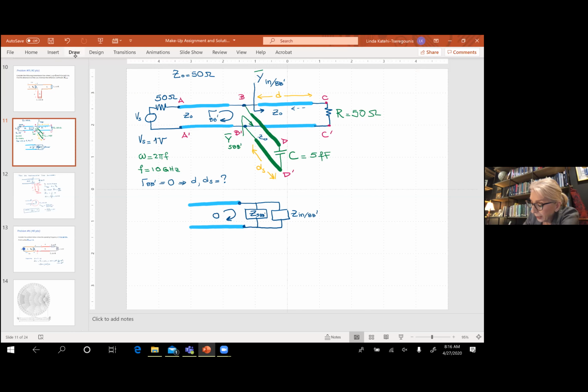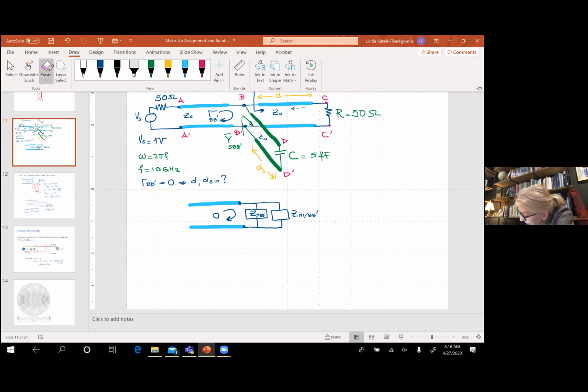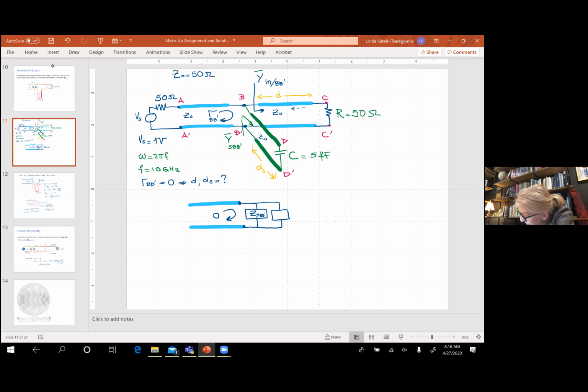So practically what we would like here is, instead of those, to have two parallel admittances normalized and another one, which is Y in BB prime.